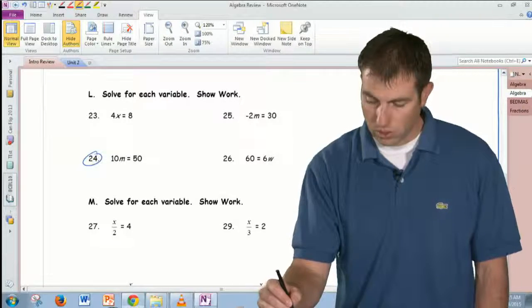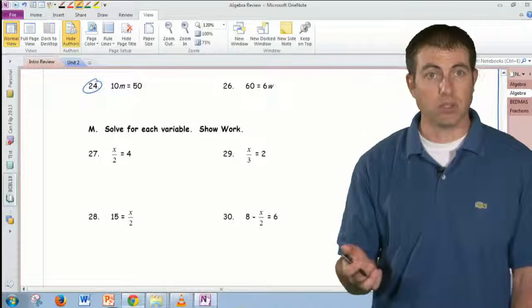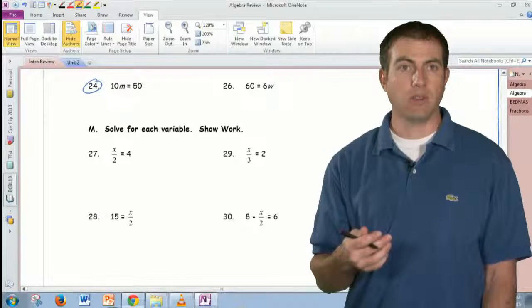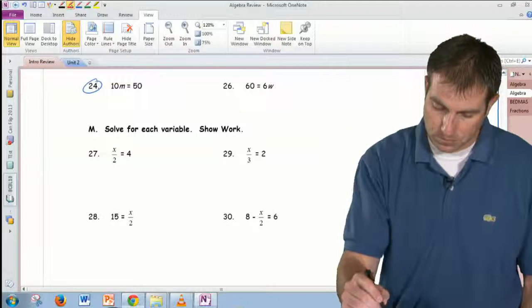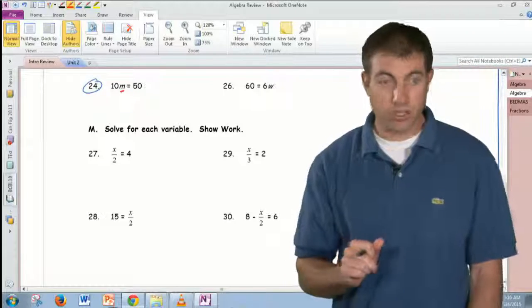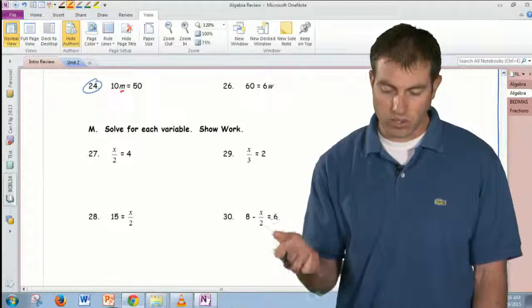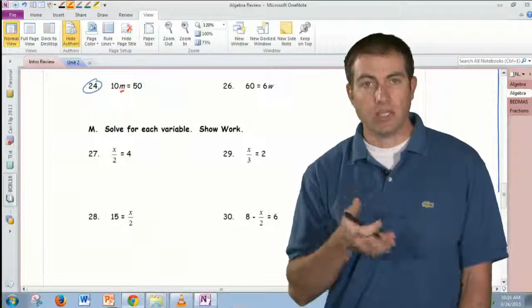All right, so number 24, we need to solve for the variable. So there's only one variable here. The variable in this case is m. So we're trying to get m by itself. And what we're going to have to do in order to do that is move everything to the other side. So what's happening with the m? We're multiplying it by 10. So 10 times m equals 50.